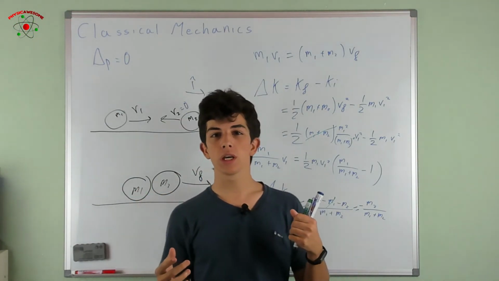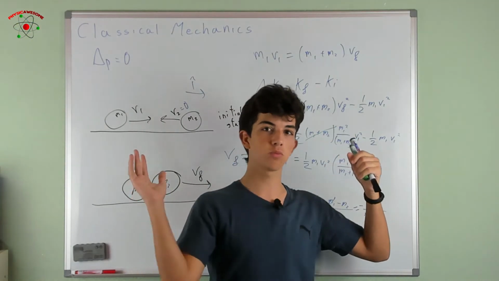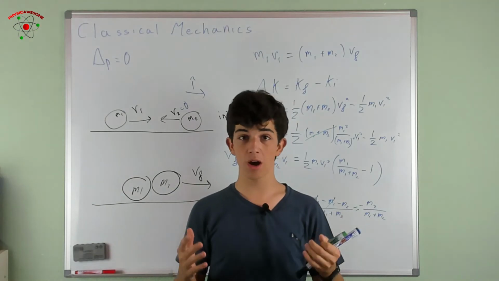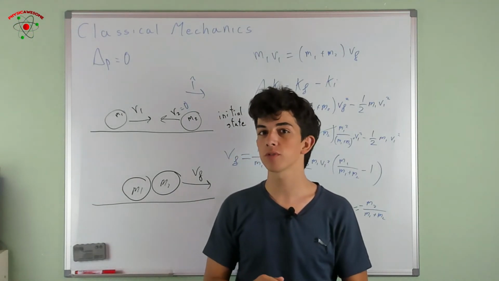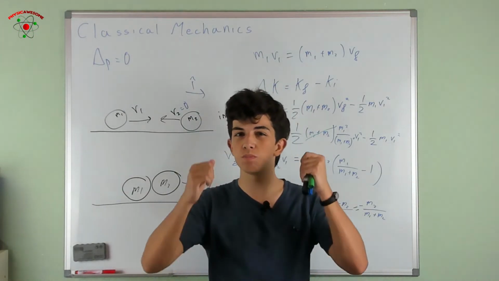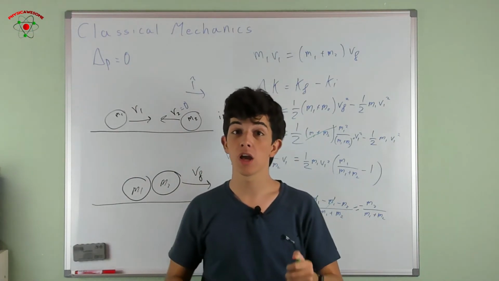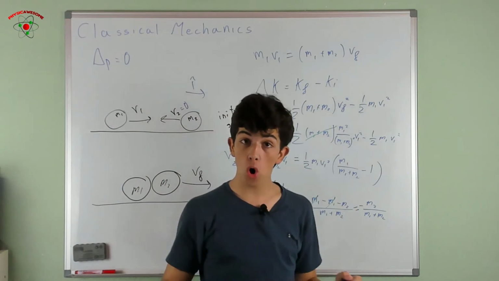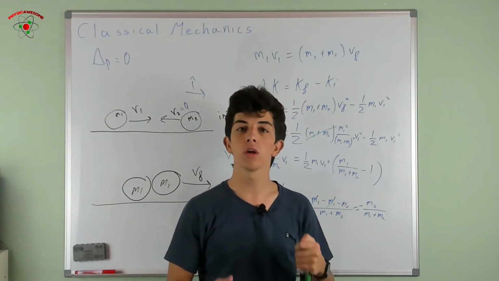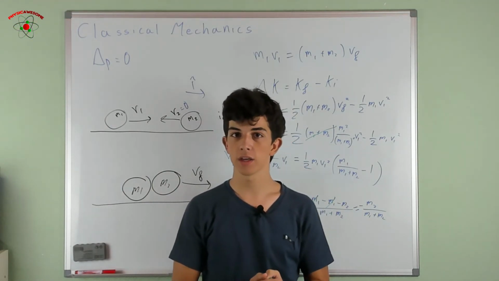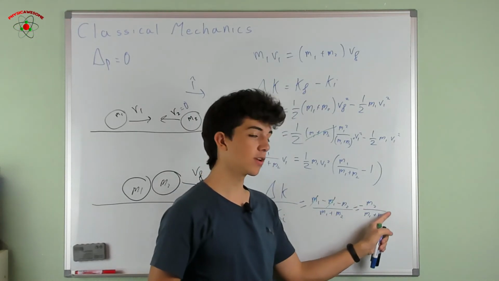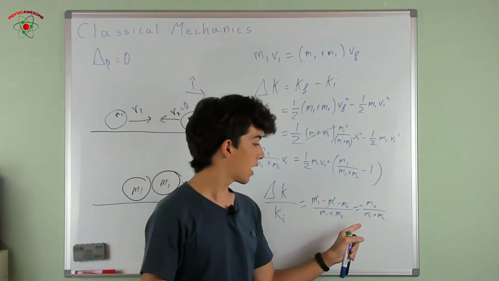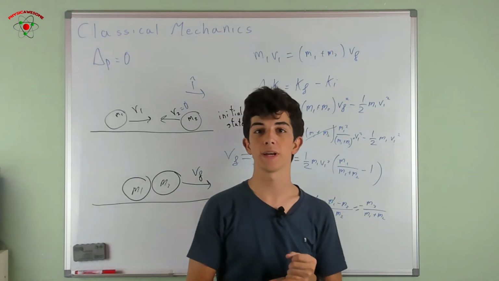Because, for example, if you try to crash a car against a wall, the thing that is going to happen in 99% of occasions is that the wall is much heavier than the car, and therefore there is going to be a loss of almost all kinetic energy, if not all, that the car had initially. And that is what we see here, that it depends on the object that is standing still, in our case, and this ratio of masses.